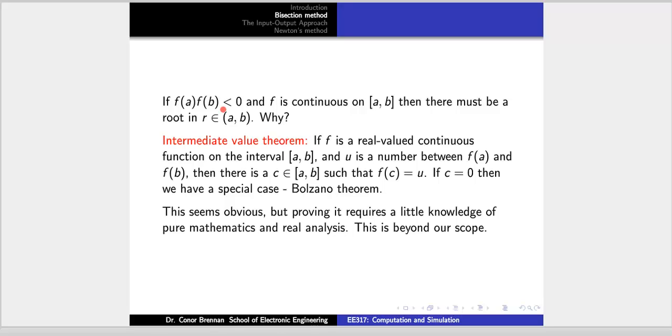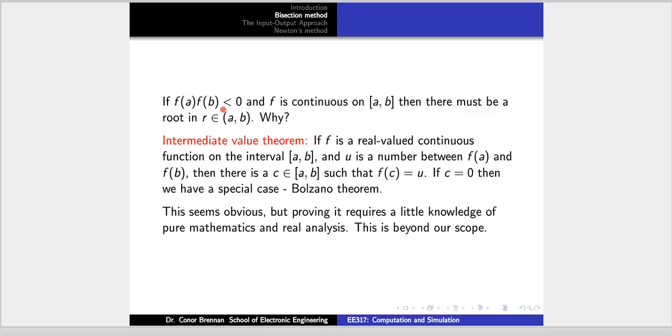It means it crosses the x-axis once, or 3 times, or 5 times, or 7 times, and so on. So it means there is either a single root in there, or maybe 3 roots, or maybe 5 roots. So it can't be 2 roots, as we pointed out.